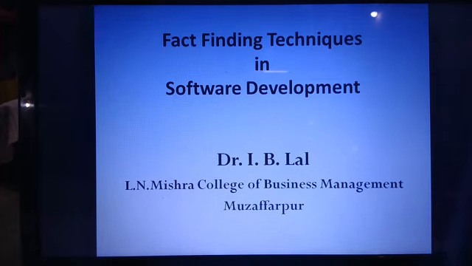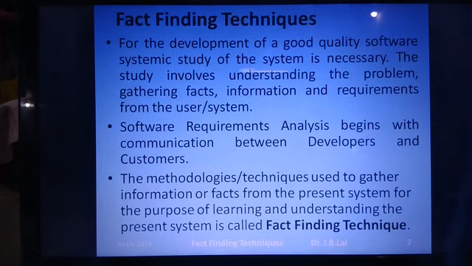So to develop a correct software, a software engineer, a system analyst is required to understand both functional requirements as well as non-functional requirements. So we are proceeding with various fact-finding techniques.